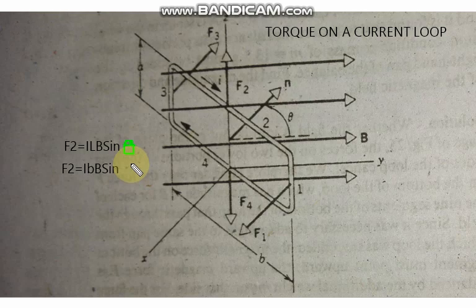Now let it be the angle theta, which is the angle between what? You must keep it in mind. This is the angle between the side b and B. So what is the angle actually between small b and capital B? Now let us look at this.